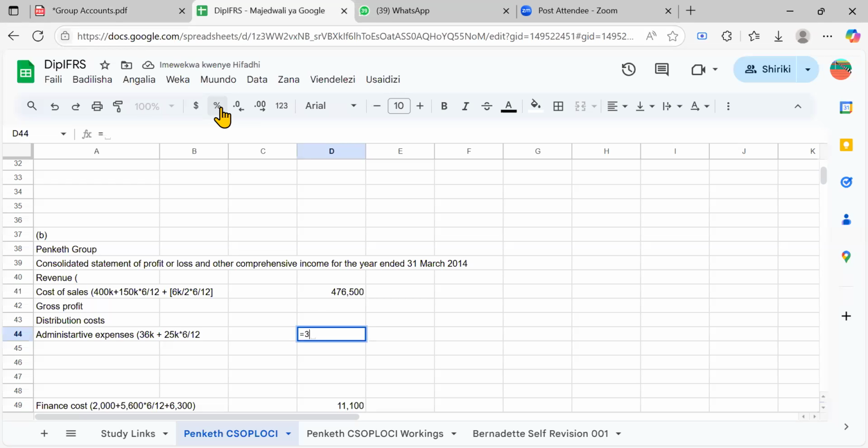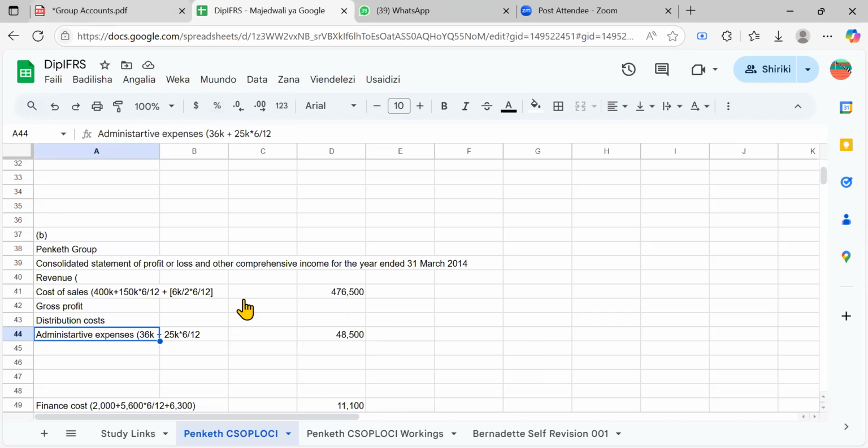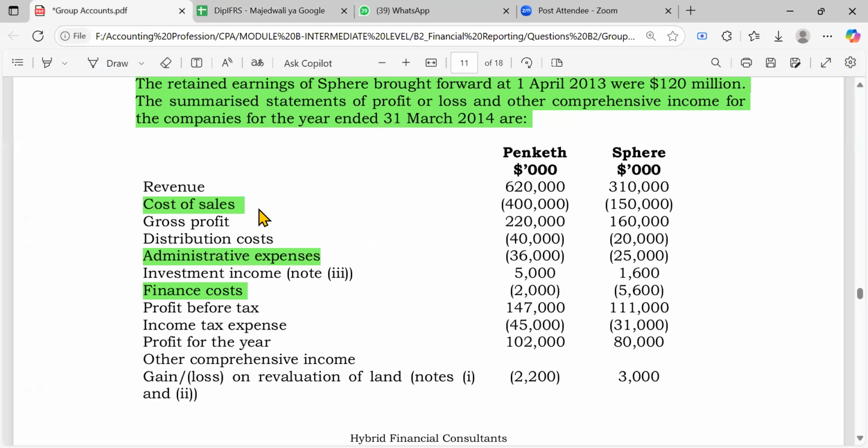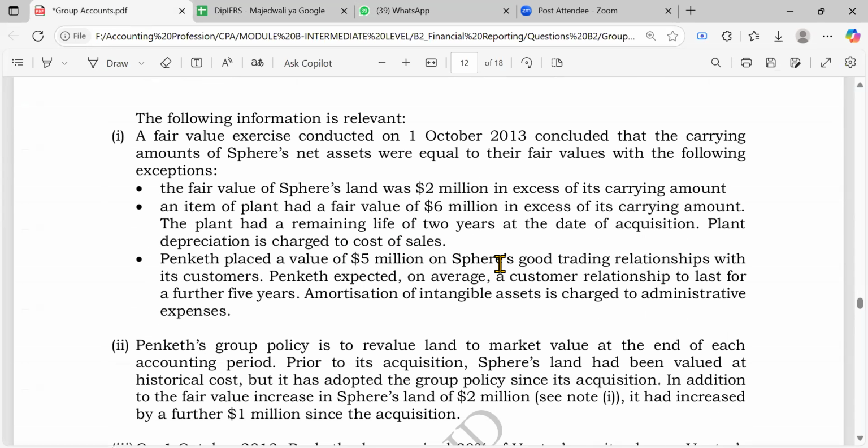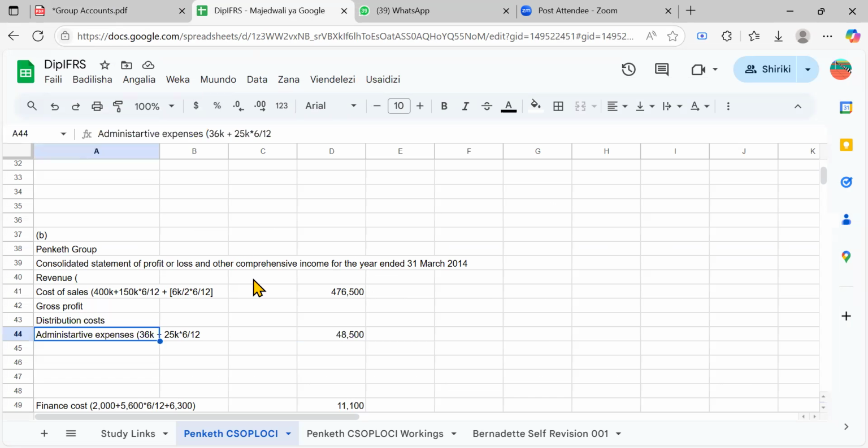Yes, so we say 36 plus 25. This 25 should be multiplied by 6 over 12, right? Yes, sir. Okay, now let's go for the amortization. How do we get the amortization? For the amortization, what were we told? We were told that it's 5,000 figure, 5 million, of course, and it had a life of 5 years, right?